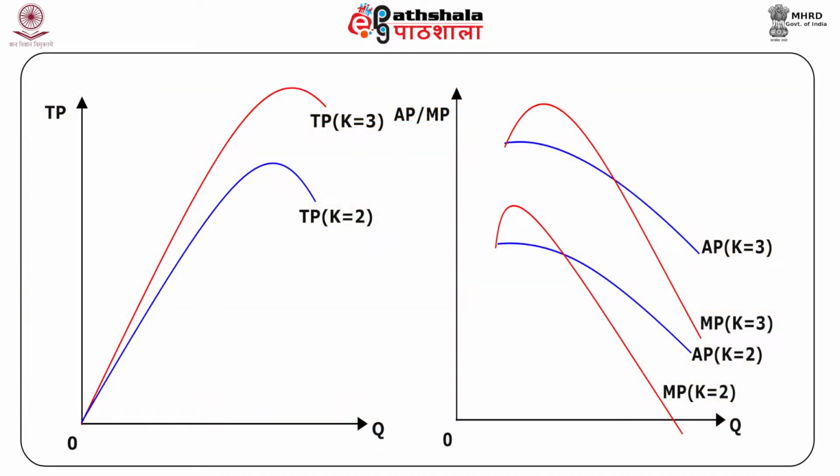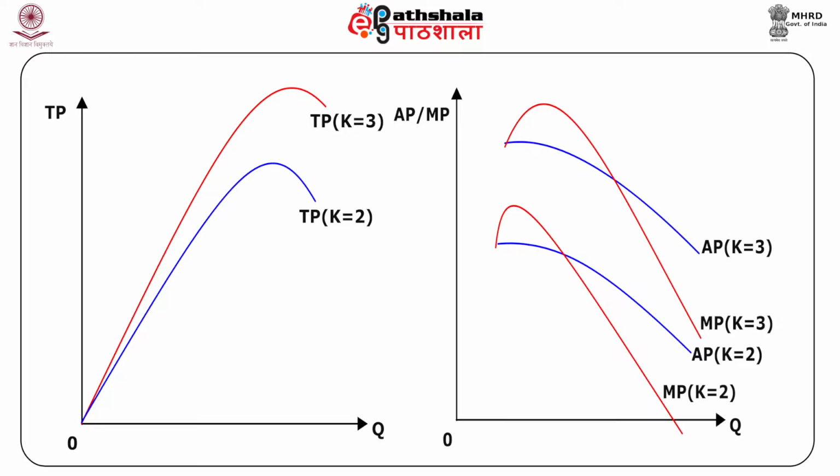Graphically, the total product curve shifts upward with an increase in the unit of capital employed. This is given in Figure 1a. In this case, the associated shifts in the average product and the marginal product curves are depicted in Figure 1b. Figure 1a and 1b. Shift in total product, average product and marginal product curves when capital changes.